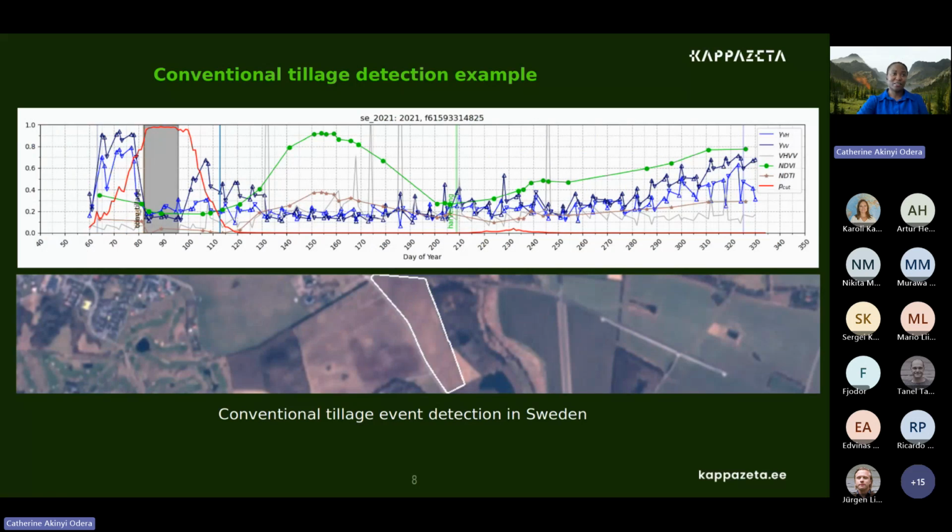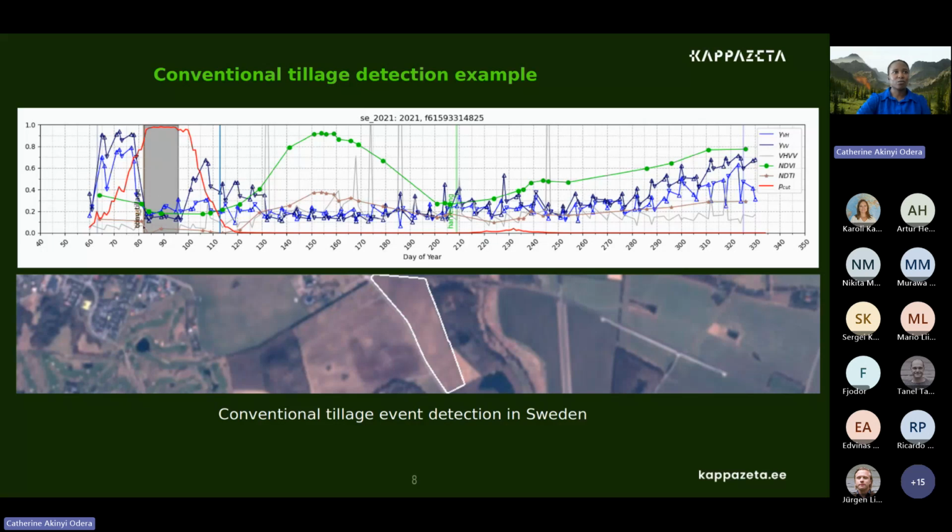a detection of a tillage event that happened in Sweden in 2021. As you can see here, the model shows with a very high probability that tillage did take place at this point, and that was indeed true. As you can even see from the image, there is a smooth texture on the soil, and you can see very clearly that something really did take place.